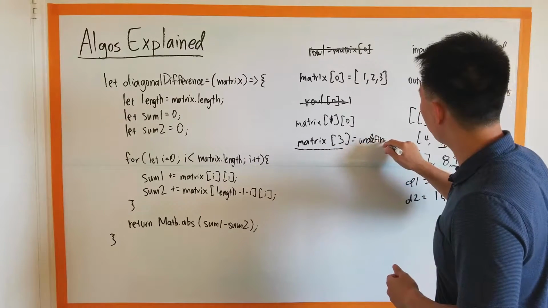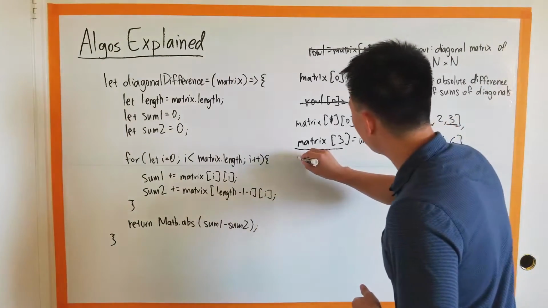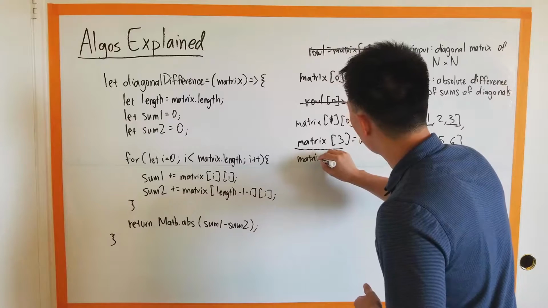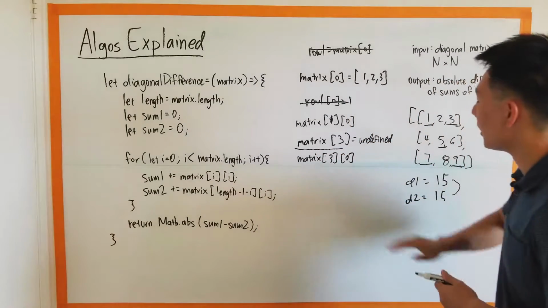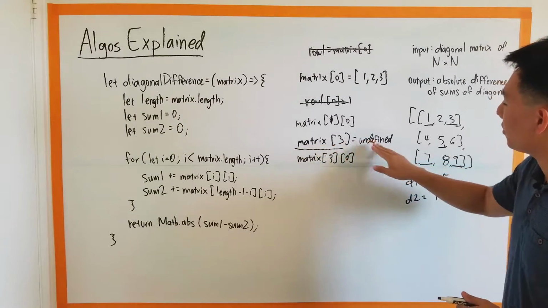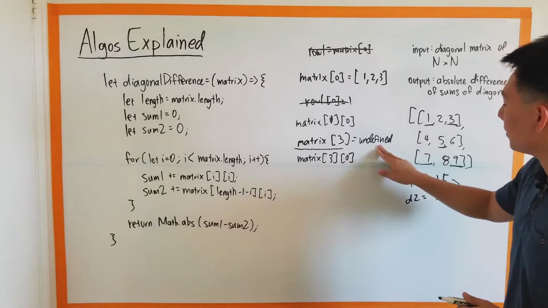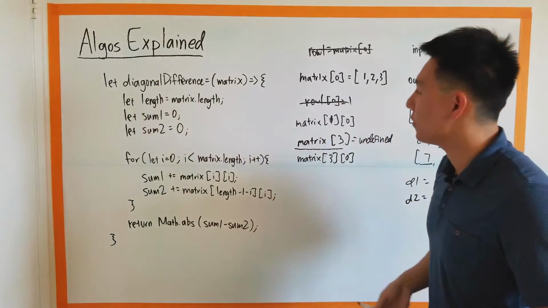You might want to fact check me on that one, but it won't throw an error yet. Once you want another index of that, you can't index into undefined, therefore that will throw an error, and your program won't even run.